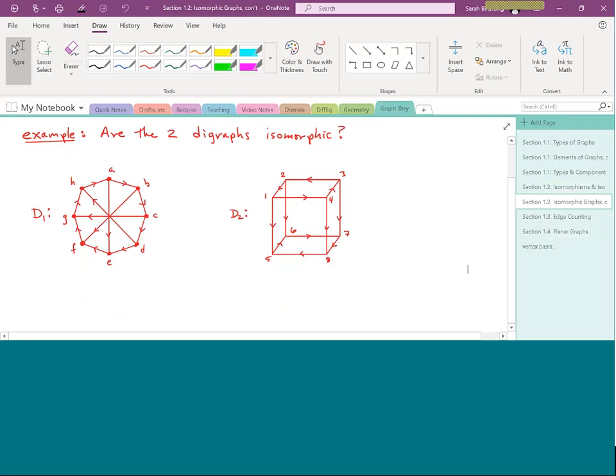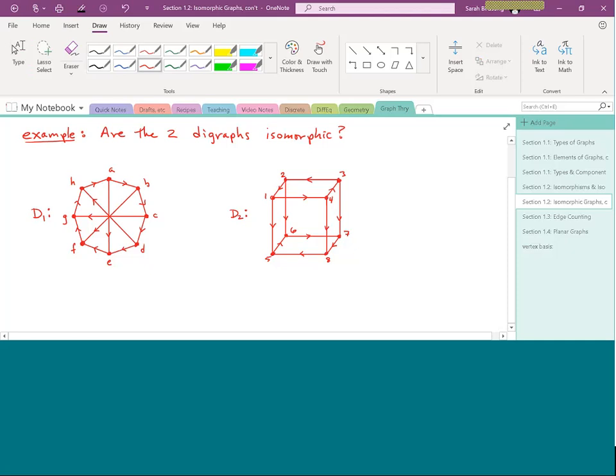Okay? So some of the stuff that you would do is exactly the same as if this was a simple graph, but there's one extra thing you have to worry about. Not only do all of the vertices in the first graph have to be able to be mapped to all the vertices in the second graph, you still have to keep all of your corresponding edges, so that's the same as a simple graph.